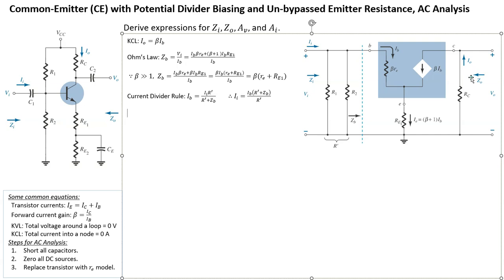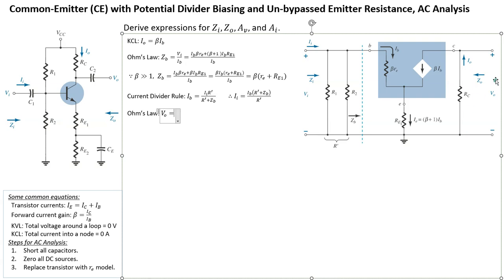So we can write again using Ohm's law that VO is V equals IR. So it's going to be IO.